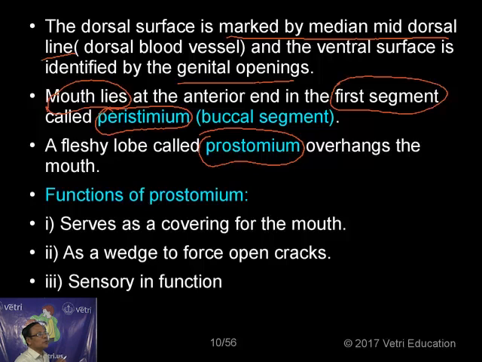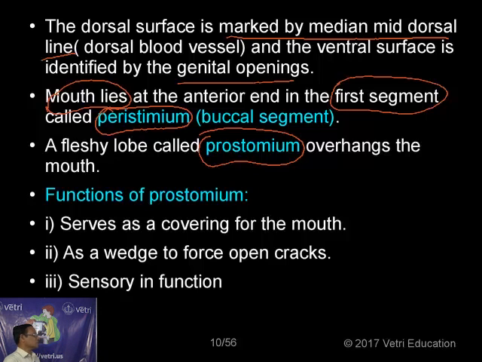So prostomium is not the first segment. Peristomium is the first segment, as it surrounds the mouth, hence called peristomium: a segment possessing or surrounding the mouth. And then prostomium, a lobe present in front of the mouth. Stoma means mouth, pro means first. Not the first segment, but in front of the mouth.